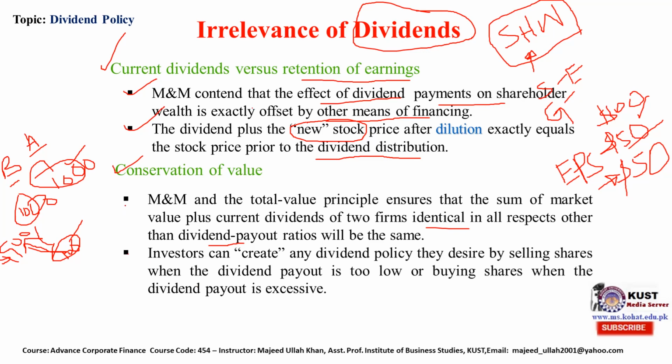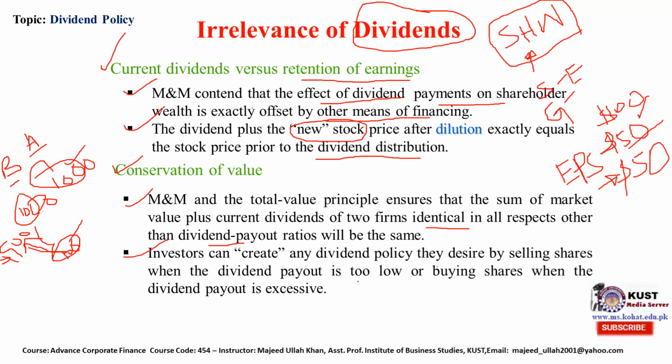Secondly, the theory says that investors can create any dividend policy they desire by selling their shares when the dividend payout is low, or buying shares when the dividend payout is excessive. What does it mean?